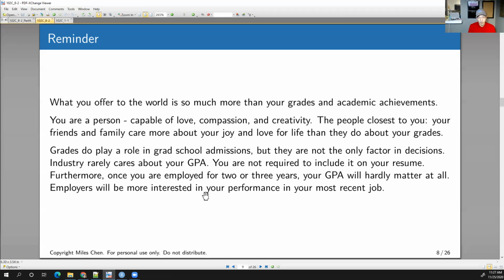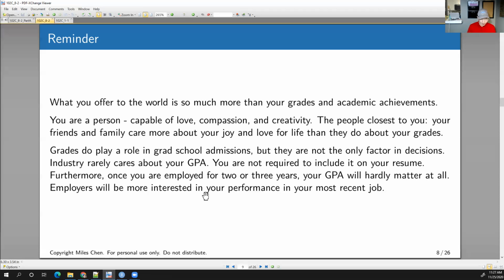I mean, you can if you're proud of your GPA, but industry generally doesn't care. And really, once you've worked for a couple of years, 2 or 3 years, your GPA hardly matters at all. And employers are always going to be more interested in what you've done for your previous company than how you did academically.